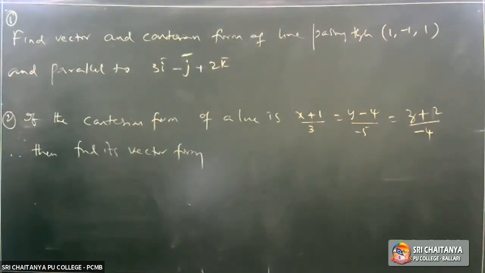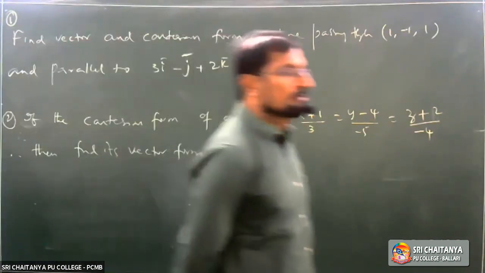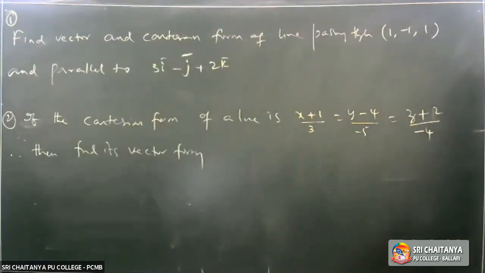I am going to repeat this. If the Cartesian form of a line is x plus 1 by 3 is equal to y minus 4 by minus 5 is equal to z plus 2 by minus 4, then find its vector form.